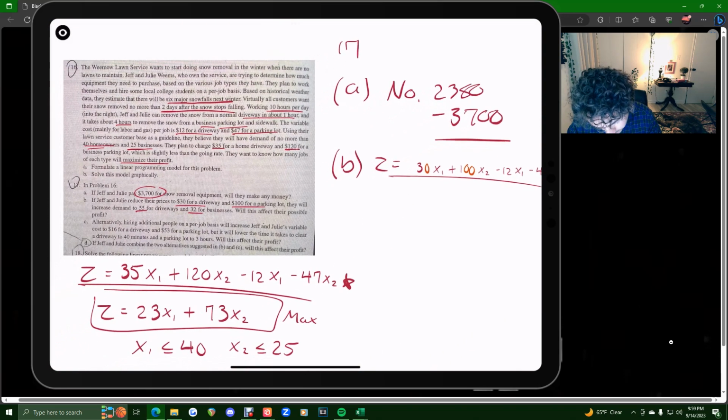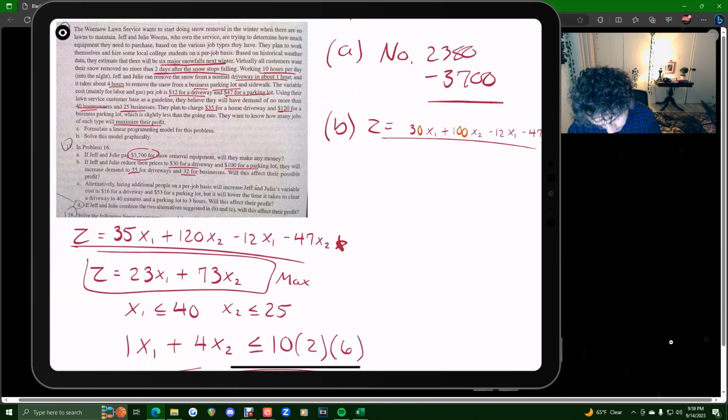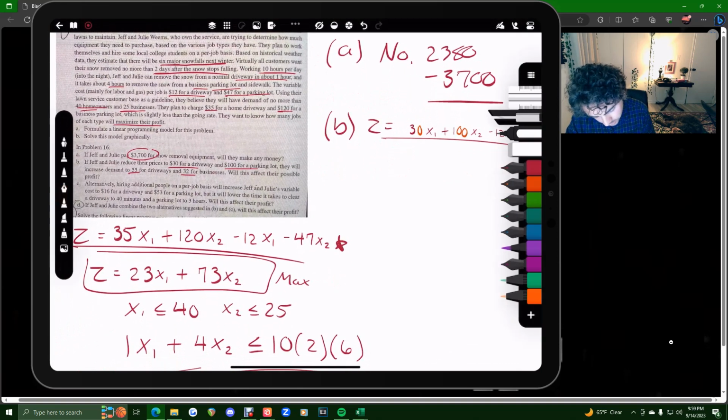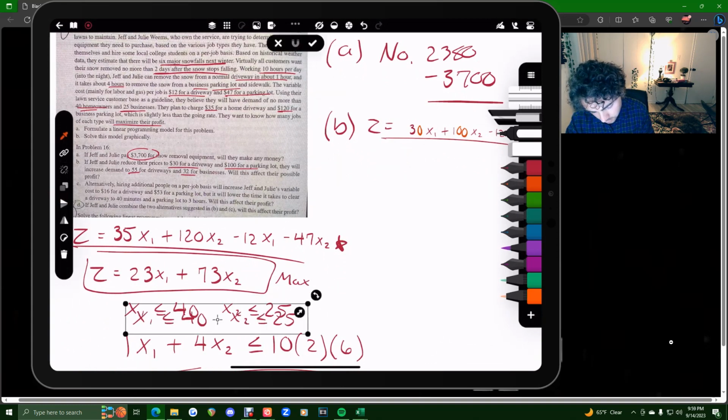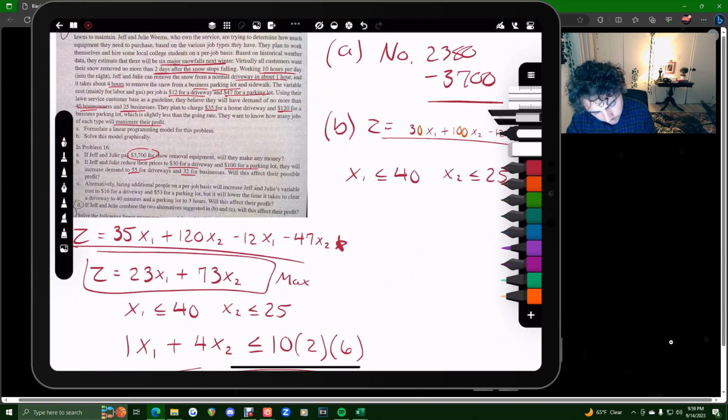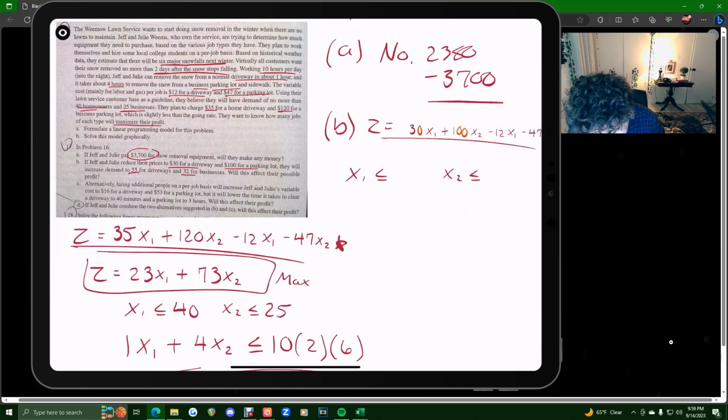Okay, and then their demand though is going up. So these demand inequalities are going up. So we're talking 55 a driveway max and 32 parking lots max.